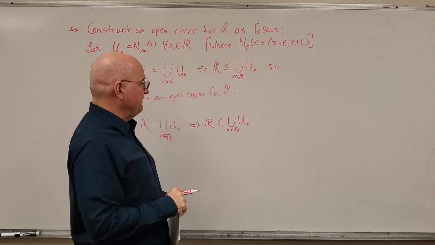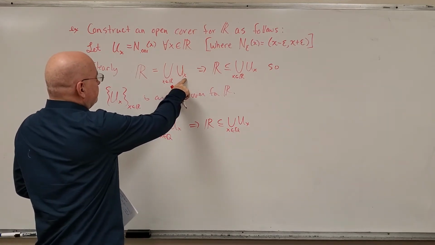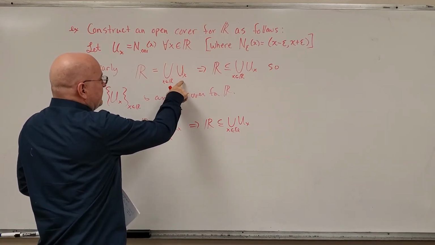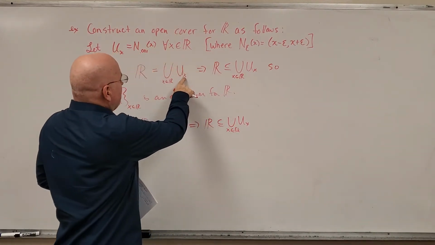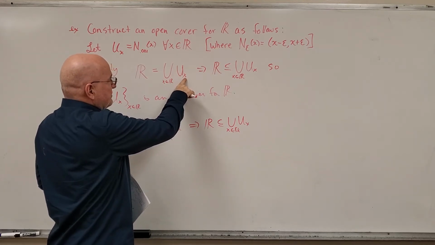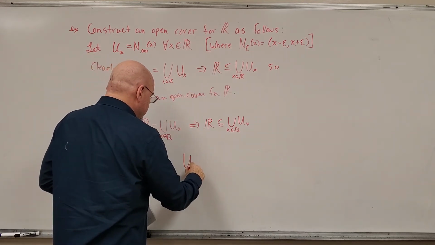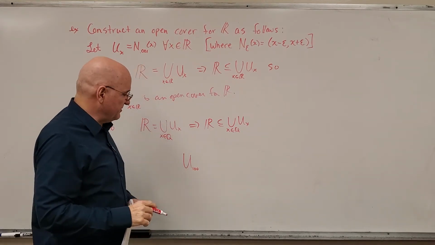We're not going to be able to find a finite cover. If there were a finite cover, there would be, say, n of these sets, which means there would be one corresponding to the largest number x. Let's say it was 100, because I don't want to write all those zeros out.